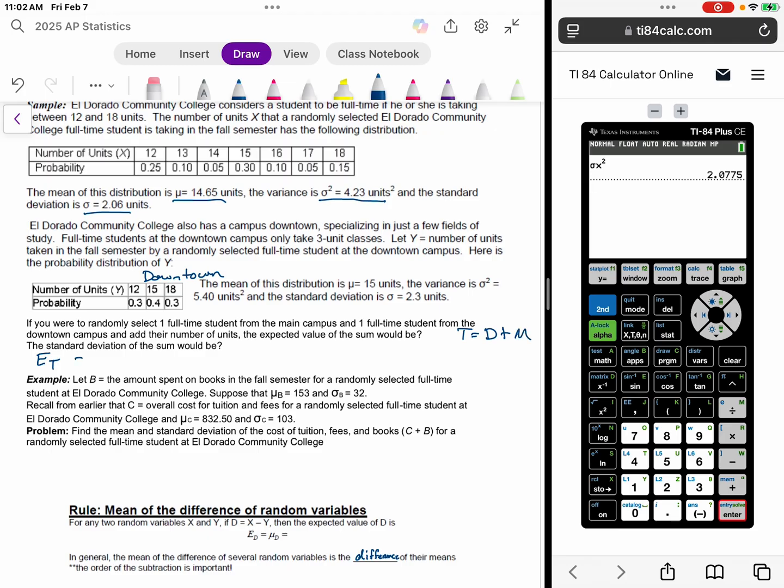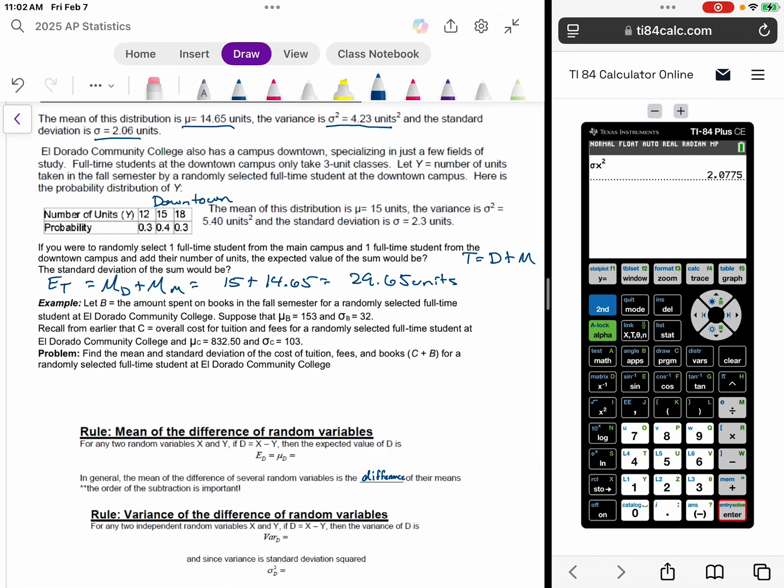Well, we know we can just add the two means together. What's the mean of the downtown plus the mean of the main campus? Well, that would be just 15 units plus 14.65, which would give us 29.65 units.